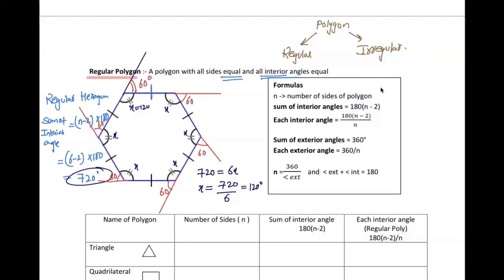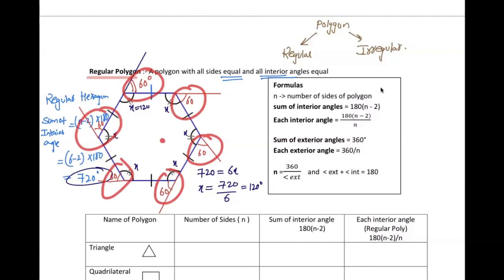Now, how many exterior angles are there? 1, 2, 3, 4, 5, 6. The sum of the exterior angles is 6 times 60, that is 360. Remember, we said that the sum of exterior angles is going to be 360.